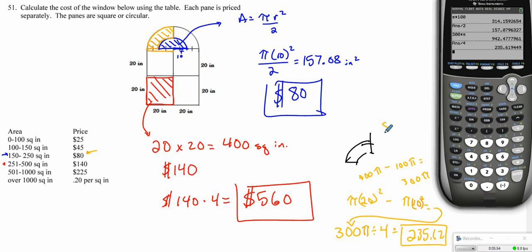There are two of them, so we end up with $160.